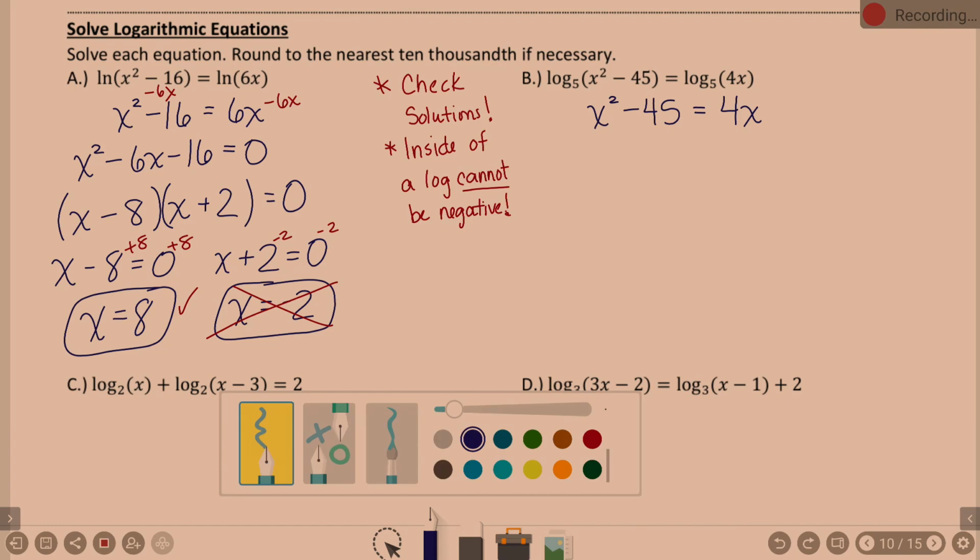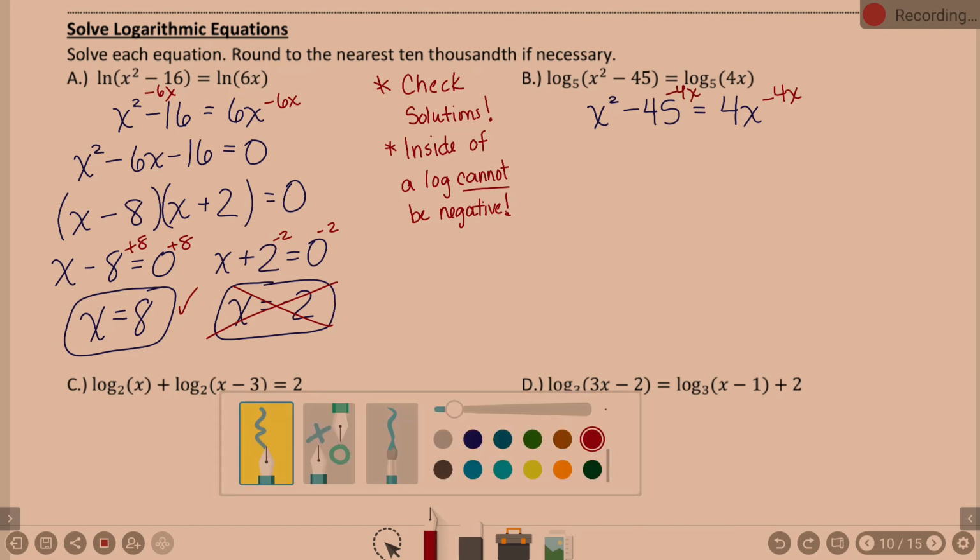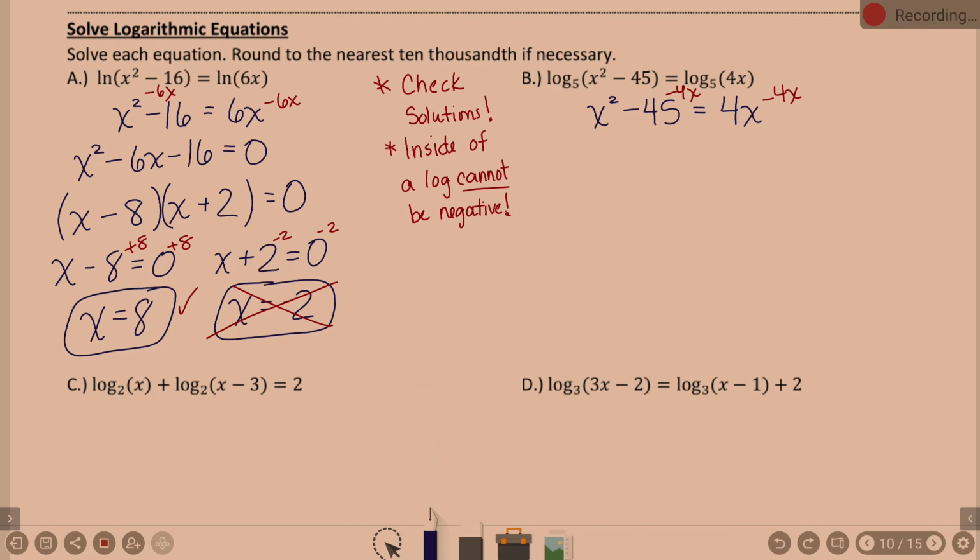Make the equation equal to 0. How should I rewrite this on the left? X squared minus 4x minus 45 equals 0.